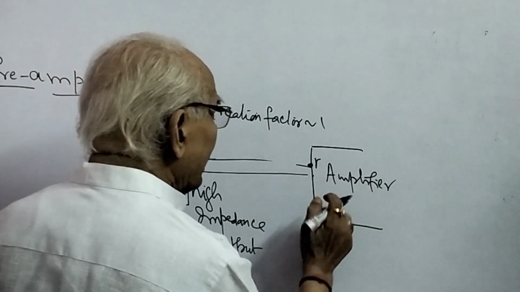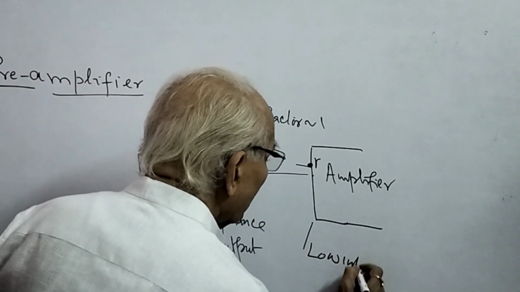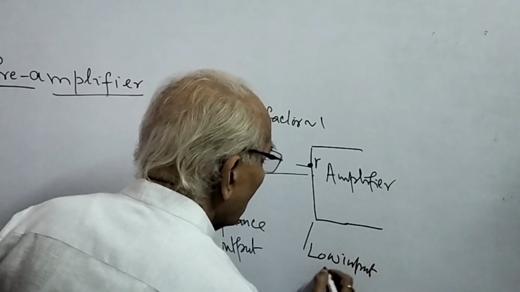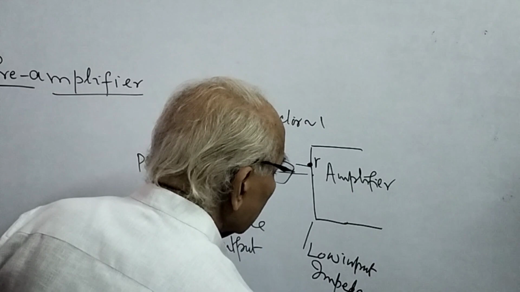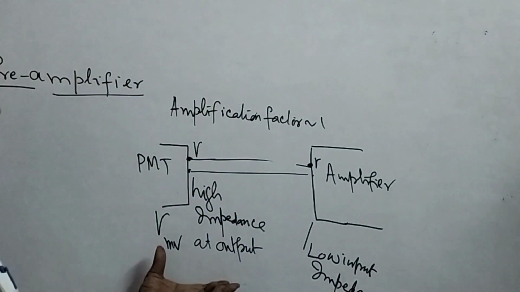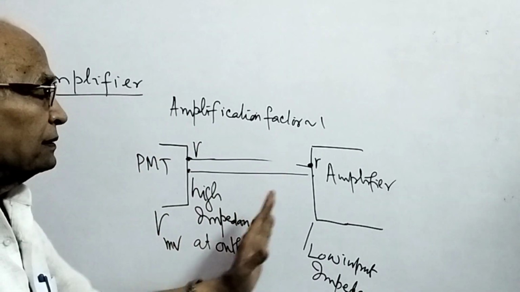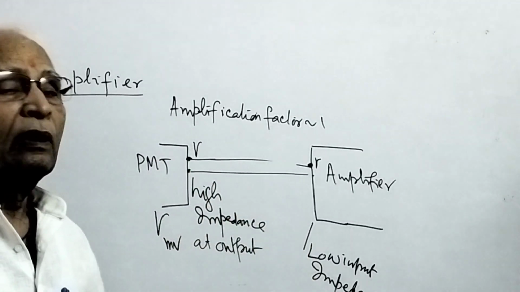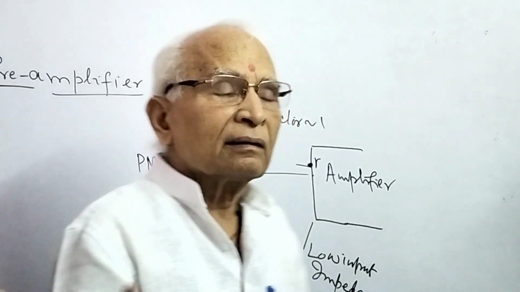Because the amplifier has low input impedance, and this has high output impedance. So two impedances, one is high, one is low. If connected in parallel, what will be the result?